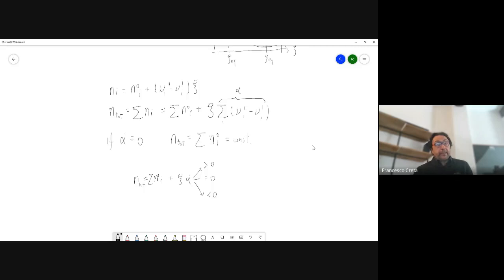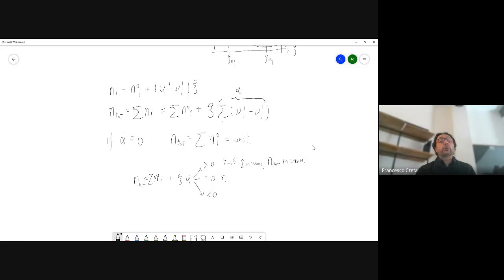So this means essentially that if alpha is bigger than 0, okay, as the reaction proceeds from left to right, I can represent the direction here as, so as psi increases, then n total increases.